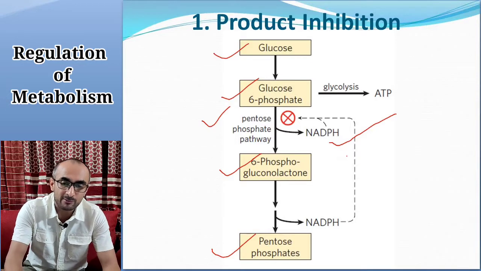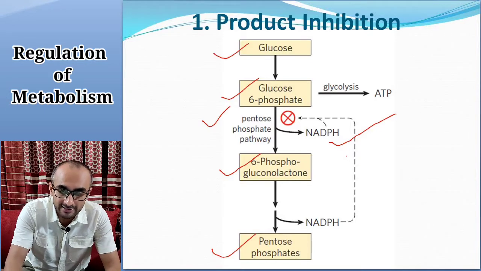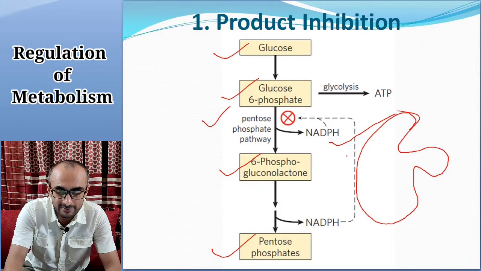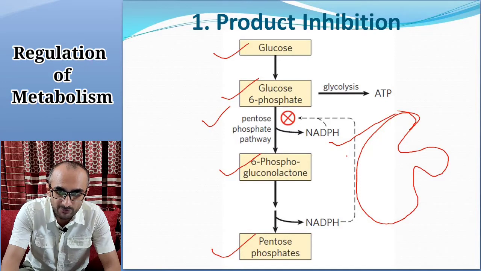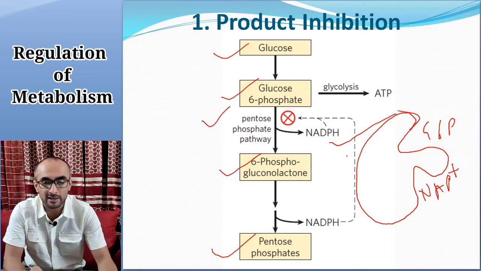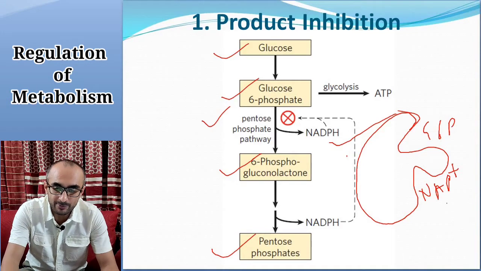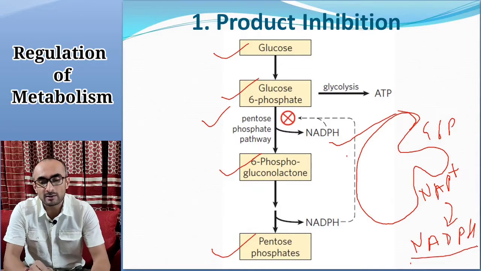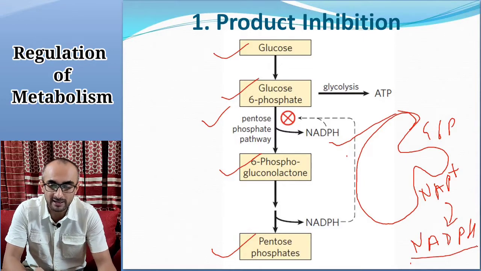In this case, the enzyme glucose 6-phosphate dehydrogenase has two sites. For example, you have something like this, one site where glucose 6-phosphate binds, and another site for NADP+. NADP+ is a cofactor of this enzyme. As a result of this reaction, NADP+ is converted to NADPH, and this NADPH works as a competitive inhibitor for this enzyme.